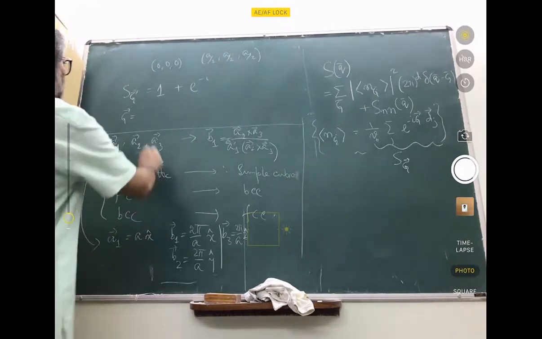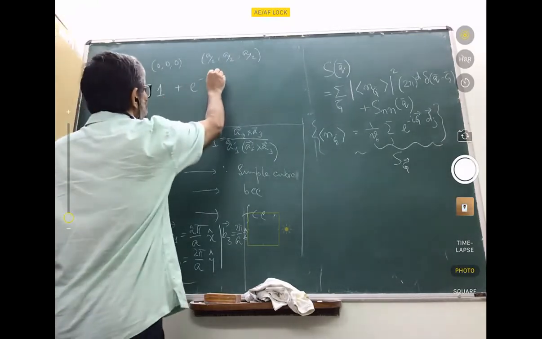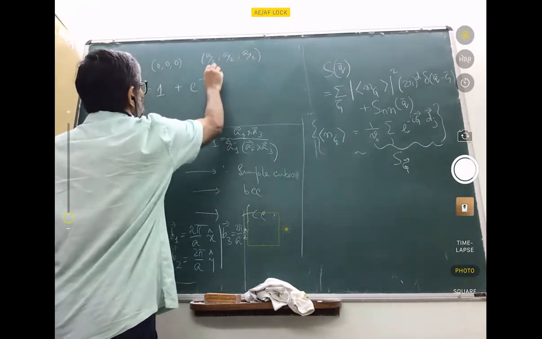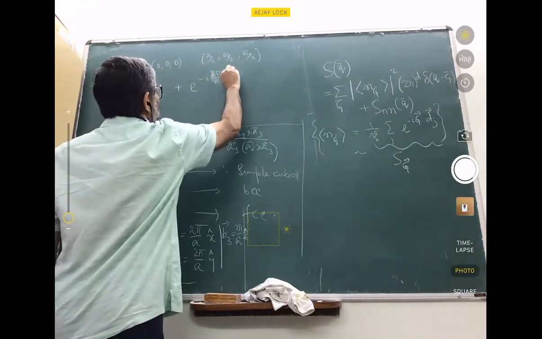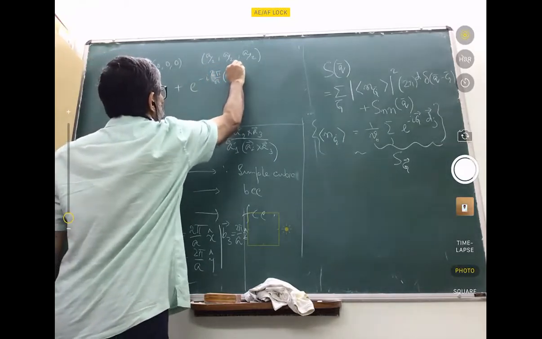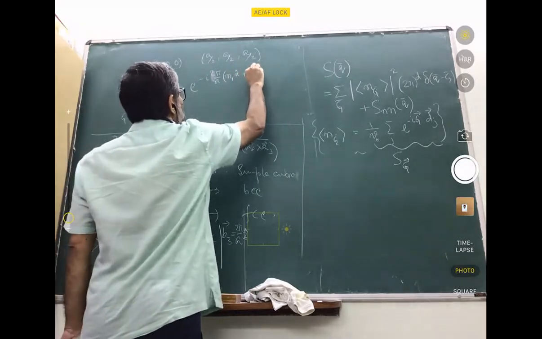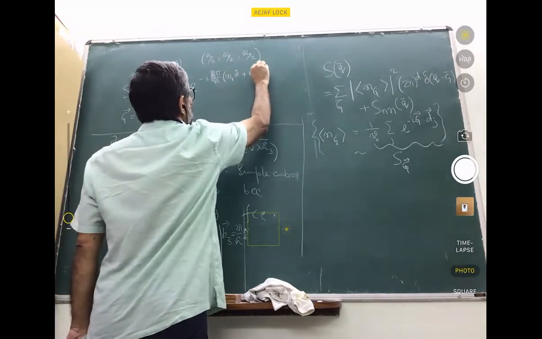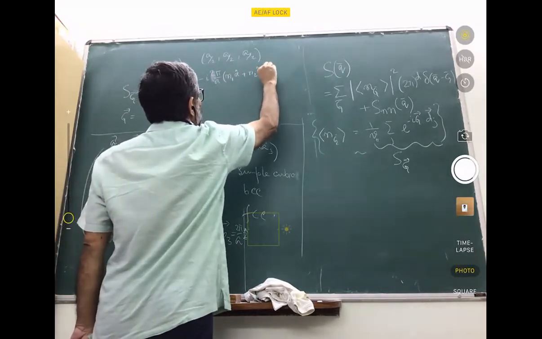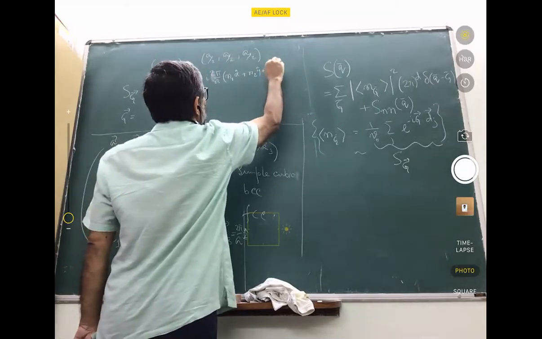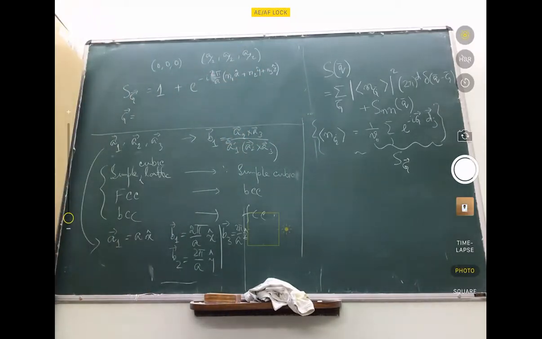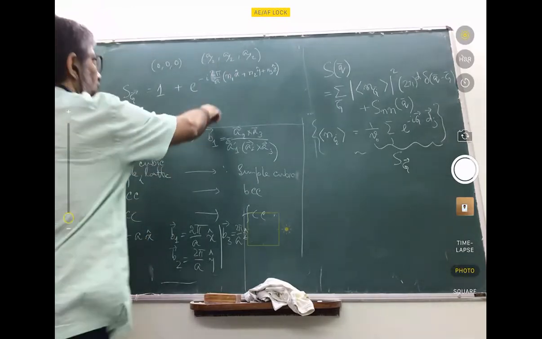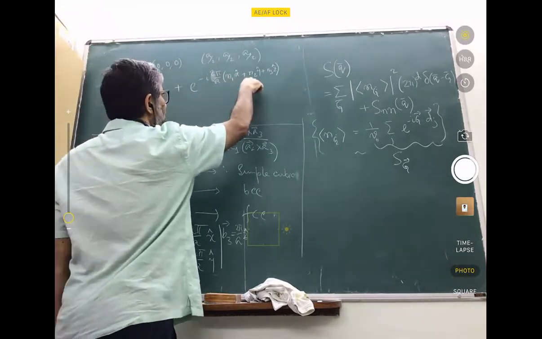Okay. So then this is a general G for the simple cubic lattice, because G's are integer combinations of b1, b2, and b3.